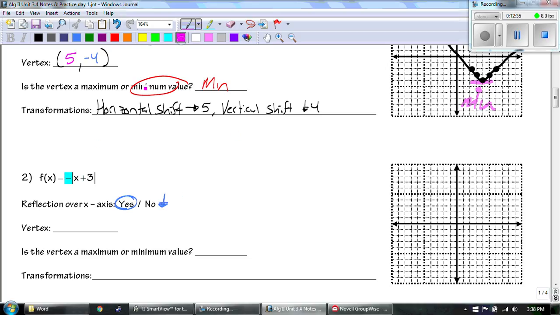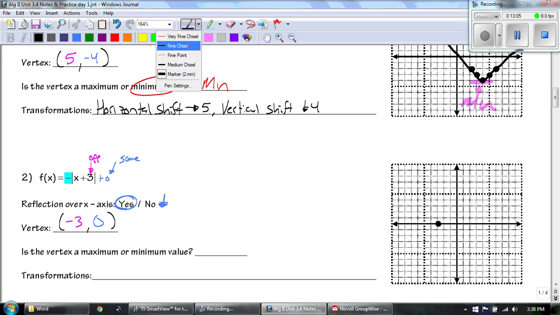So to get the vertex, I take the opposite and I take the same. Well, there's nothing out there. It's same plus 0. So my vertex would be -3, comma 0. So at -3, 0 is where I would graph it.